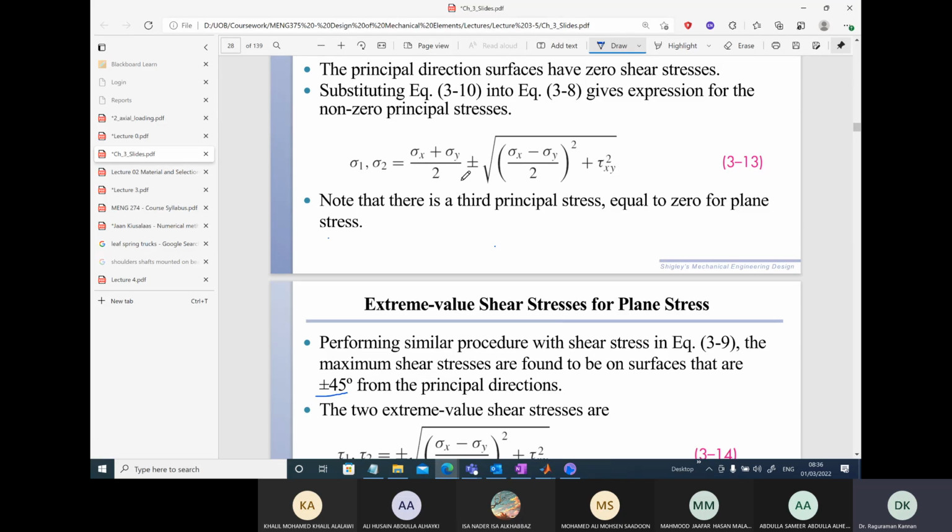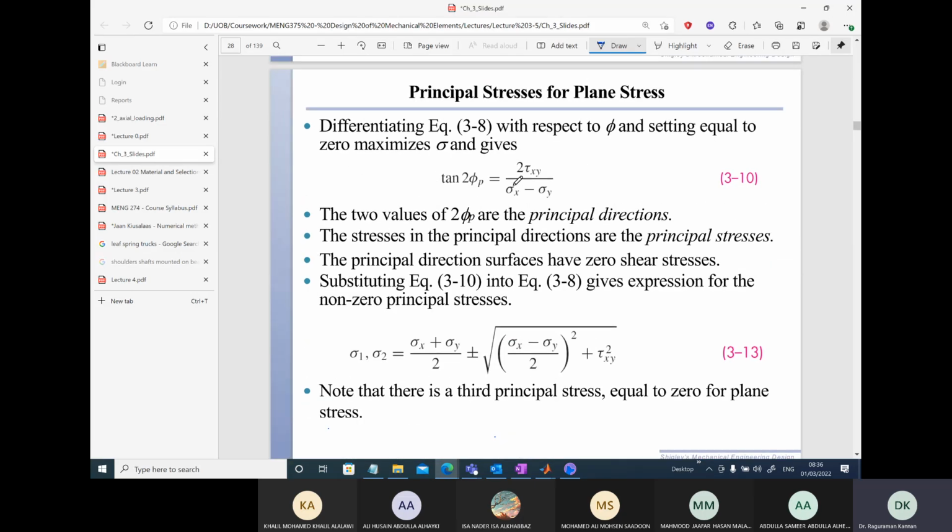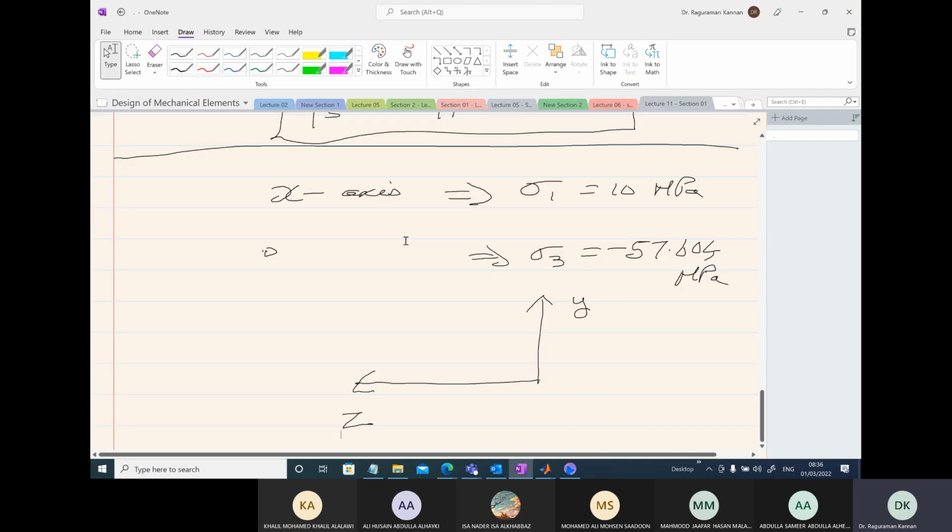So in short, we solve a 2D problem. One of the principal directions is corresponding to the 2.604 value, which is obtained by using this equation, and 90 degrees to that will be the other direction. So we need to be again careful.